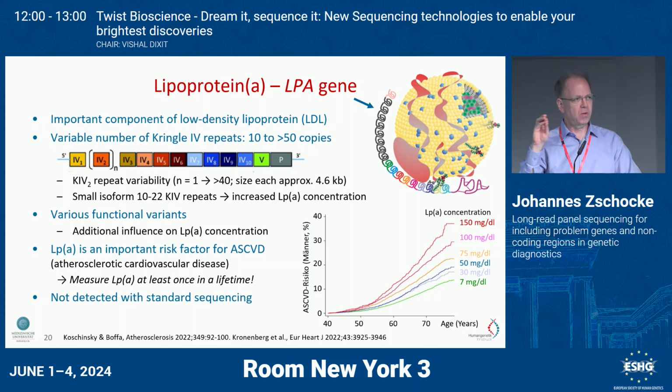And you can test it, you can measure it, but the genetic characterization is notoriously difficult because you have this huge number of copies, and each copy is 4 to 5 kb. So that's a real challenge. There are also various functional variants in these Kringle repeats which impact your effect.